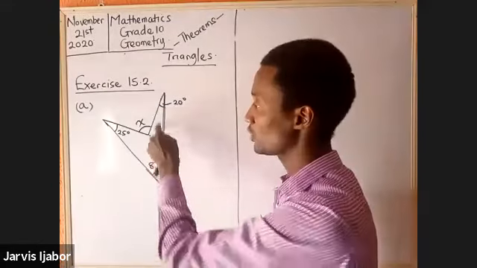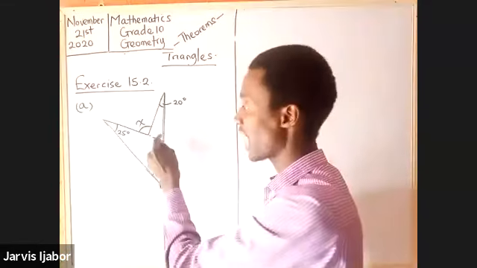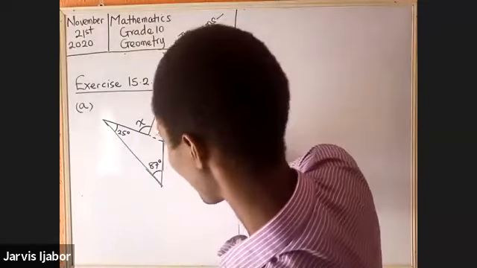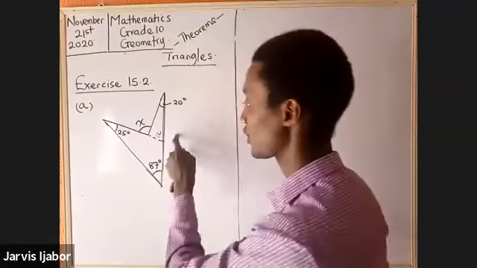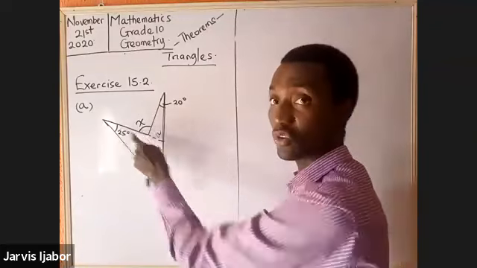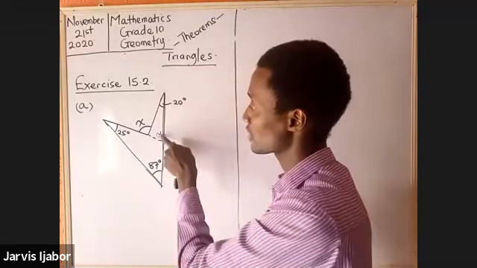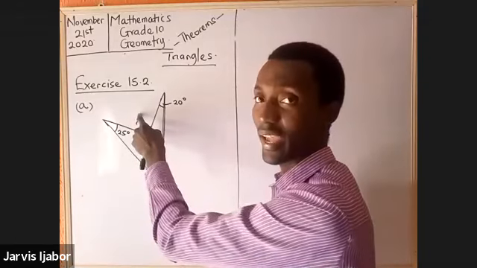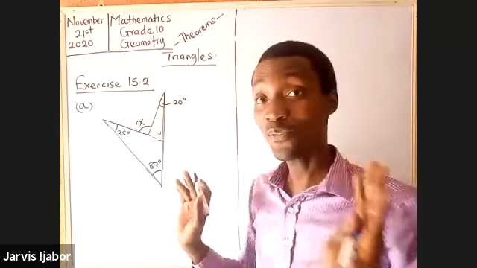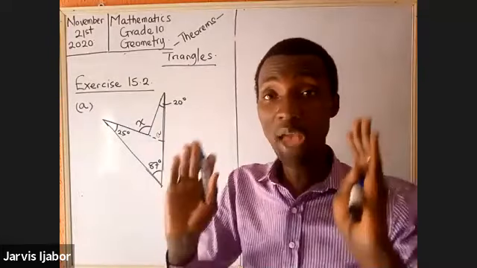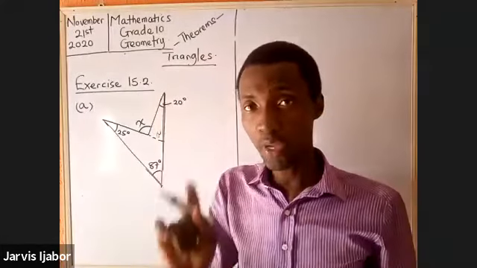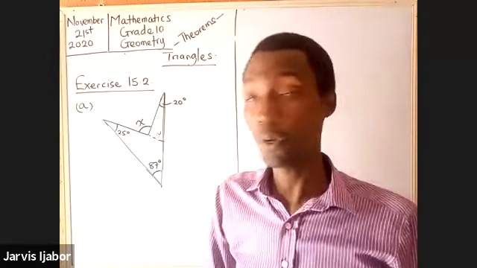And when I add these two, this angle, let me call it A, is exterior to this triangle. And then these two angles are exterior to what? X. Have you seen it? So that's the first thing you need to take care of. Once you're able to know what to join, it becomes easy for you to solve the problem.